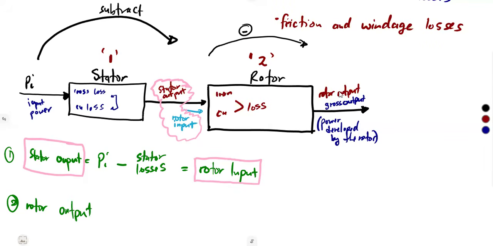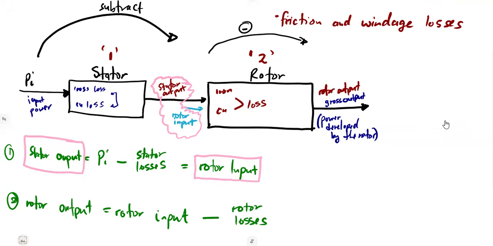So that rotor output can be given just like what we had. Remember, this is the stage where we left: at the stator output, meaning at the rotor input, because the stator output and the rotor input are the same. So it is going to be the rotor input, what is entering the rotor, minus the losses inside the rotor. You subtract the rotor losses, which are the copper and the iron together.